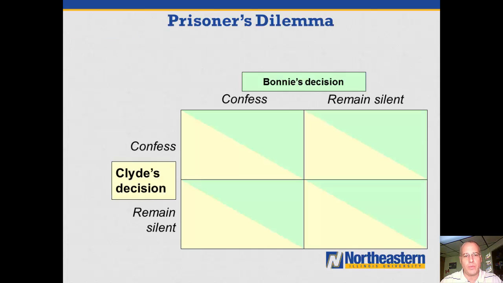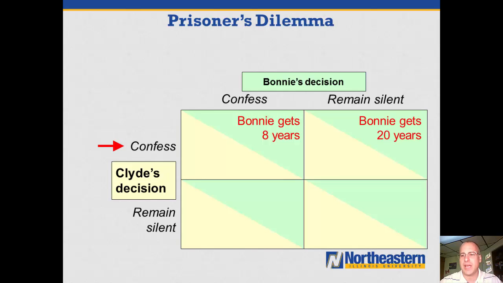We can represent this game with a matrix, where we map Clyde's decision and Bonnie's decision and look at what happens given pairs of choices. Rather than looking at an individual strategy, you have to look at both. So we start with this. If Clyde confesses, Bonnie knows that if she confesses, she gets 8 years in jail.